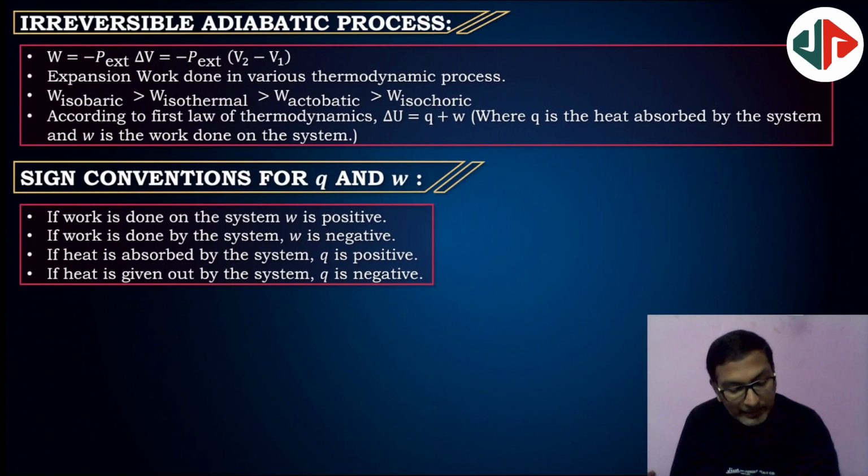Work done equals minus P delta V, minus P external into delta V, so P external into V2 minus V1. Next, expansion work done in different thermodynamic processes. First, isobaric, isothermal. Next, adiabatic.